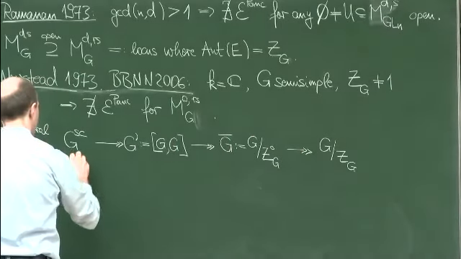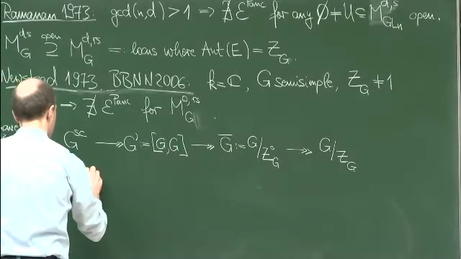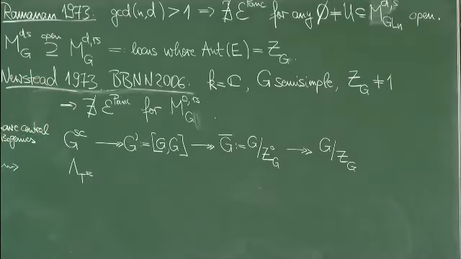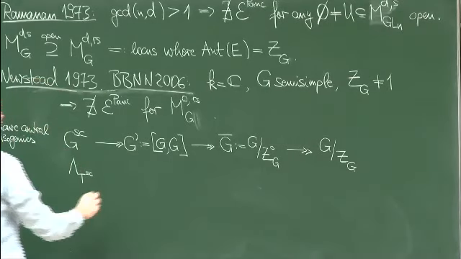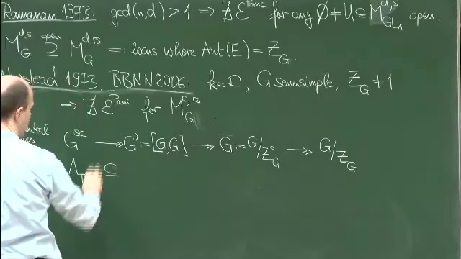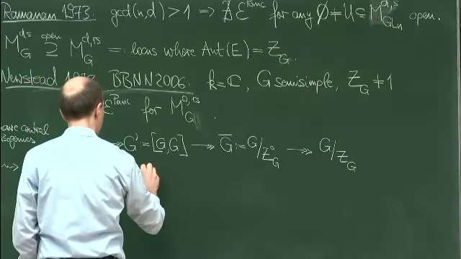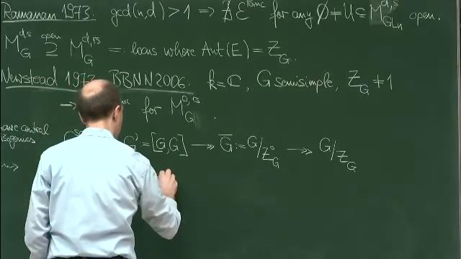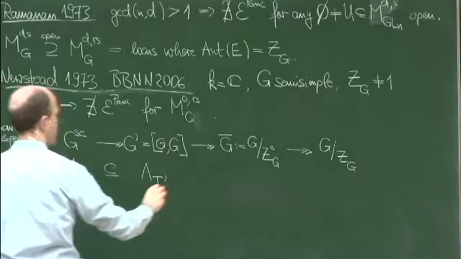So we have the co-character lattice of the induced maximal torus in the simply connected group. I'll denote it like that. This is a subgroup of finite index, because this is a central isogeny, in the co-character lattice of the maximal torus in the commutator subgroup.